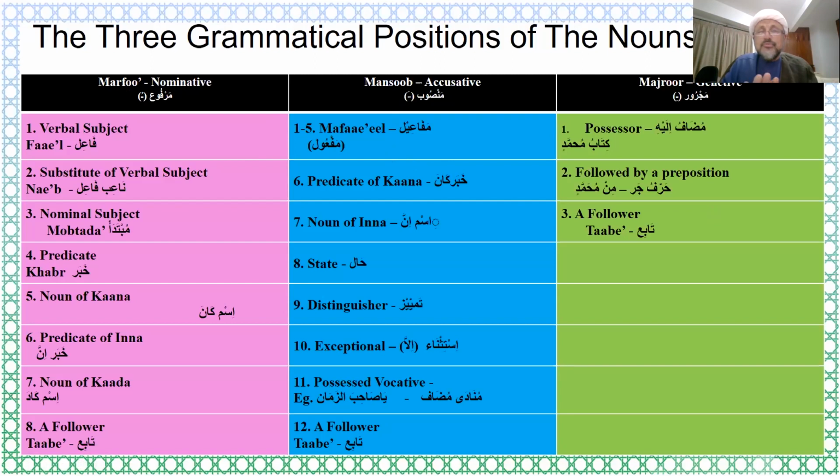Now you know what is marfu'. The obvious example is subject. You know what's mansub. The obvious example is object, and the obvious sign is fatha. And you know what is majroor. So just stick to this terminology, marfu', mansub, majroor, because our whole lesson was hammering these terminologies into your mind. Okay? So remember, now is the time for popping up the surprise.